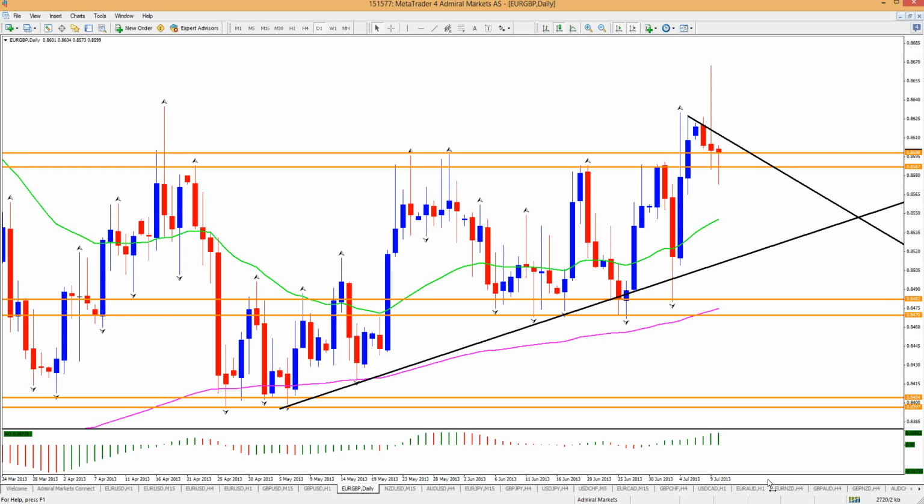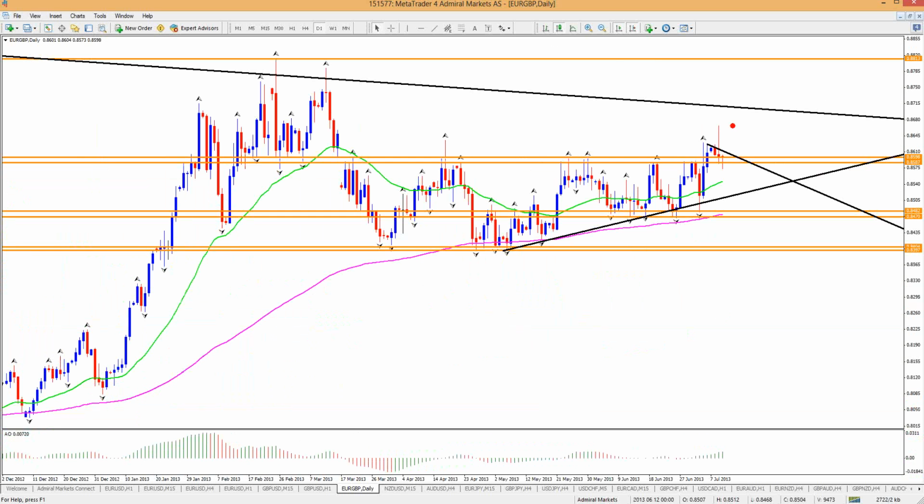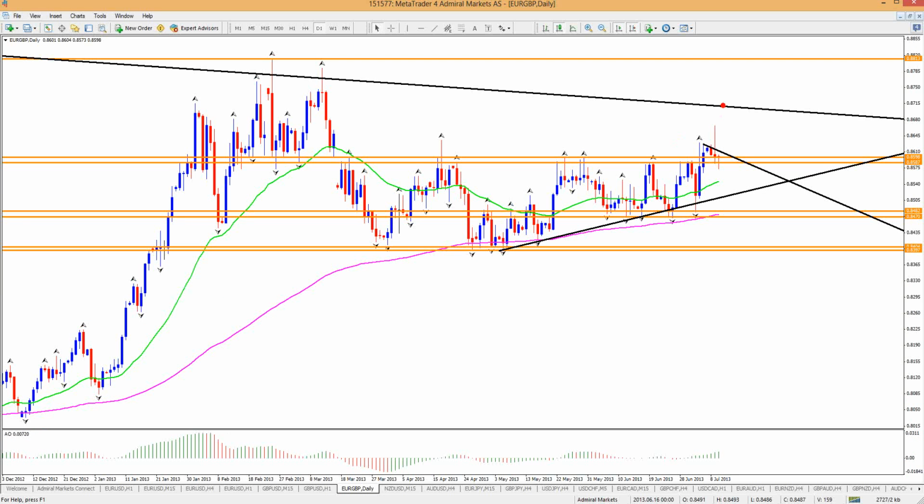So that's tricky. To me, this is a price action signal, but it's not at a place I like. If it would be touching this trend line, it would be different. If it would have happened, maybe even at, yeah, it's tricky.